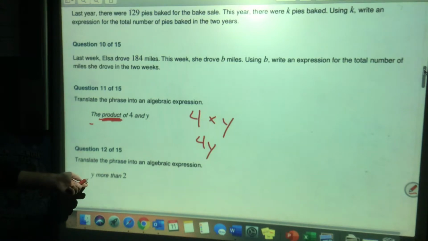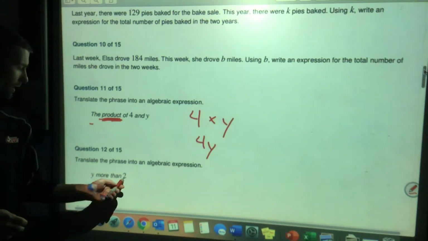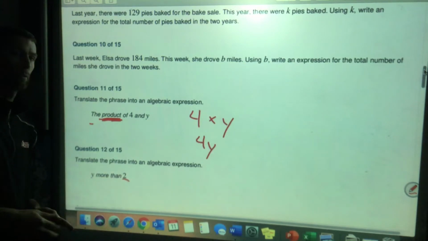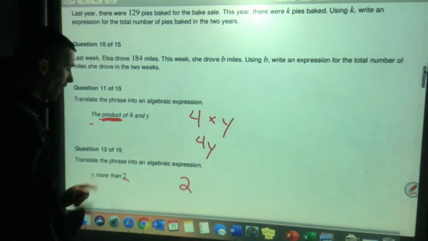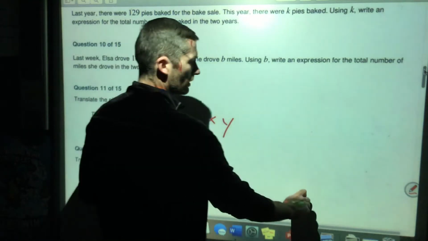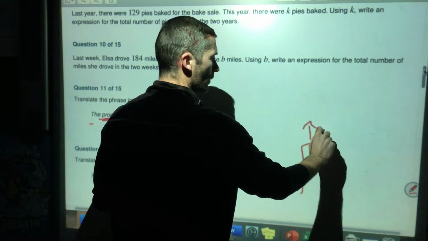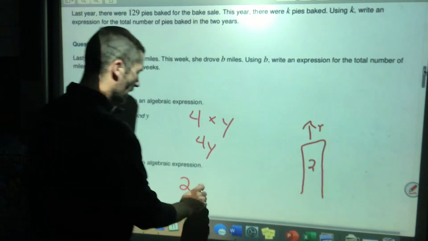Translate this phrase into an algebraic expression, y more than 2. So what am I starting with? I'm starting with 2, and then it's y more than that. So it's 2 plus y.